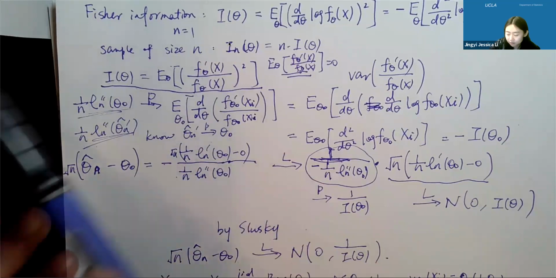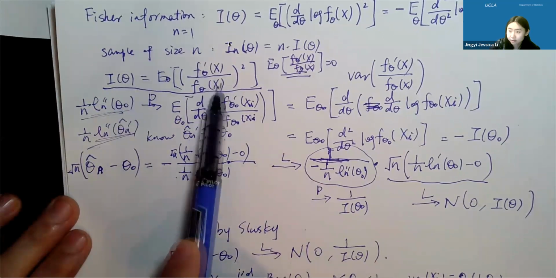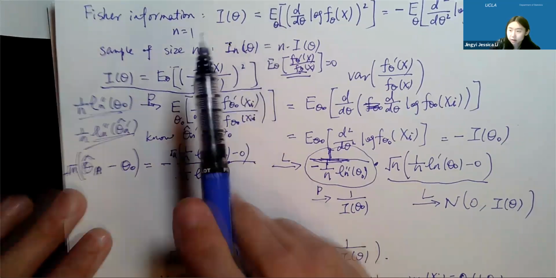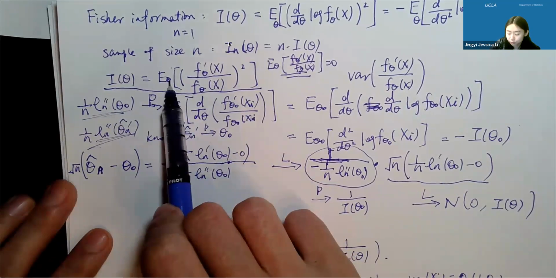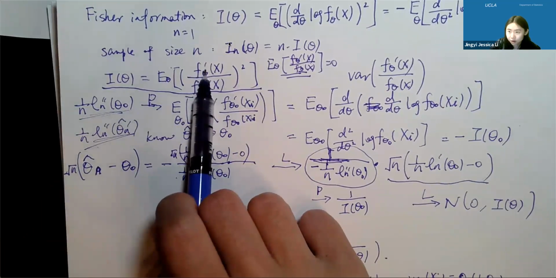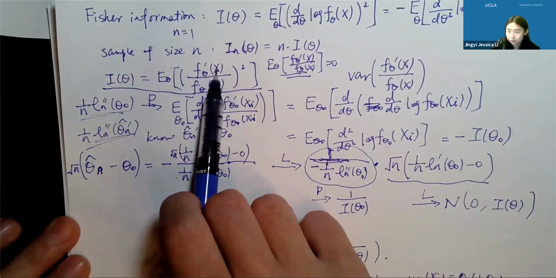Essentially, it's evaluating that given my data, or given the random variable from my distribution, at this particular theta value, if it is the true parameter, and if I alter my parameter value from the true value, how much do I change in the density function value?